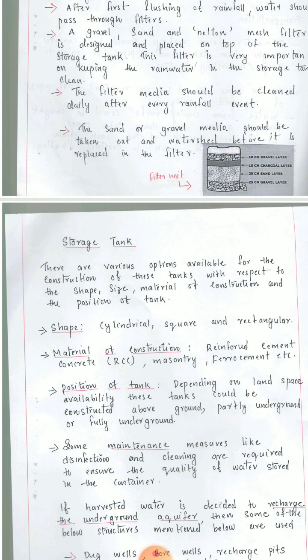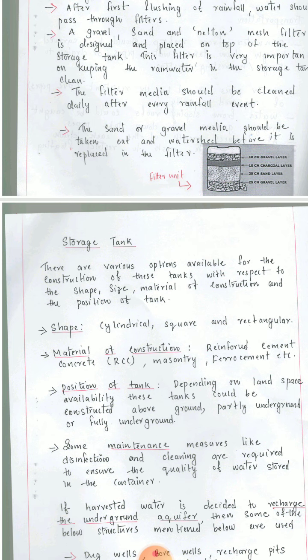A gravel, sand and nylon mesh filter is designed and placed on top of the storage tank. This filter is very important for keeping the rainwater in the storage tank clean. Before allowing the water to be stored, we make use of this filter where it will be filtered by different materials. The filter media should be cleaned daily after every rainfall event. The sand or gravel media should be taken out and washed before it is replaced in the filter.